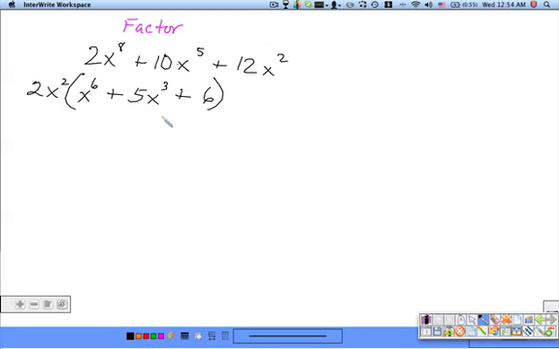And just by looking straight at this, you might think, well, that doesn't factor right there. But you got to be careful. This is something called quadratic form. This is not a quadratic, but it has the form of a quadratic. Watch.